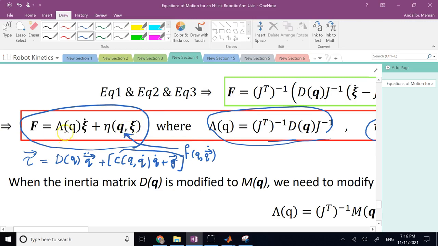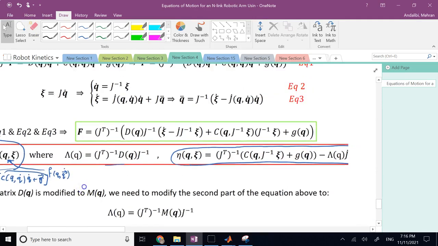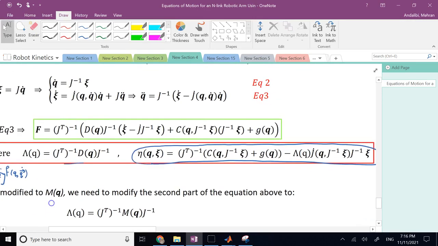Okay, but again, your cap lambda function of Q is J transpose inverse T of Q, J inverse, and your eta function is a little bit longer, as you can see here. Inside eta, you also have the lambda, so before you can calculate eta, you need the lambda.